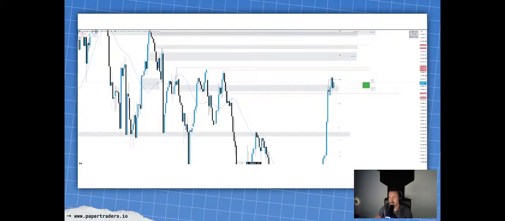Let's see what we got going on here. So currently we are looking at the 4-hour time frame. The price has swept the high level and is currently trading below it. So here below that previous daily high sweep, we're looking at the same play as usual, right?